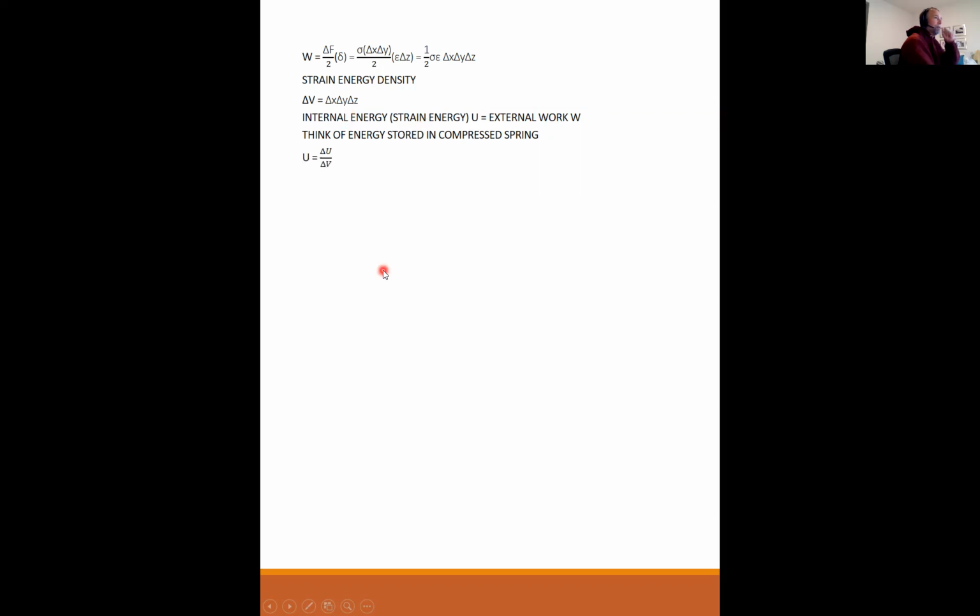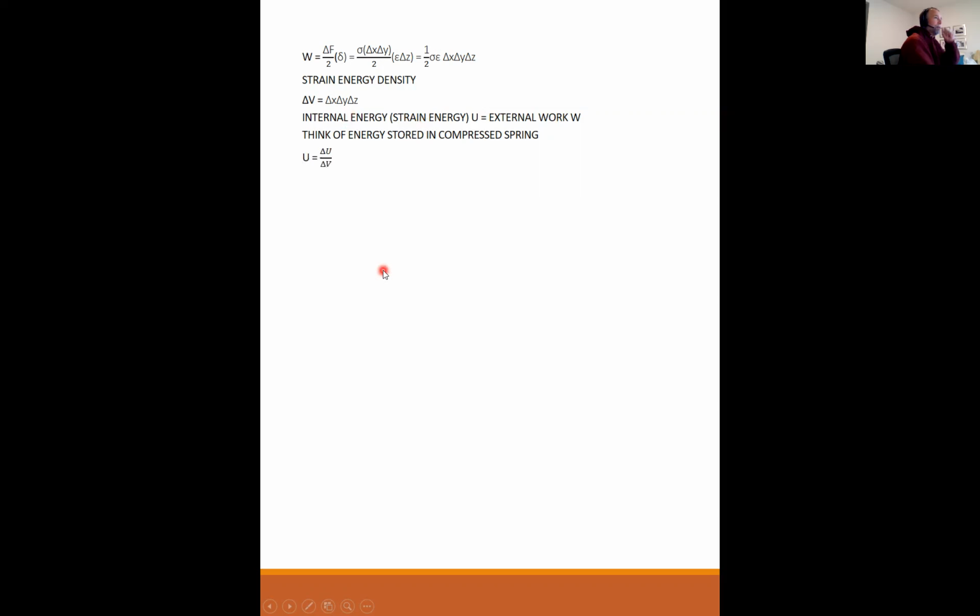Internal energy, strain energy U, is equal to your delta U, which is the work, divided by the volume. So if I take my work, 1/2 sigma epsilon delta X delta Y delta Z, and divide by the volume, then I have a simplified version of 1/2 sigma epsilon.